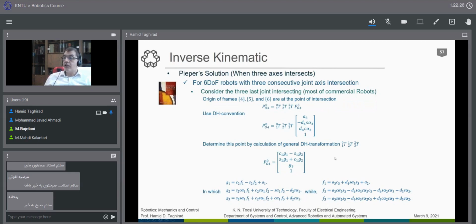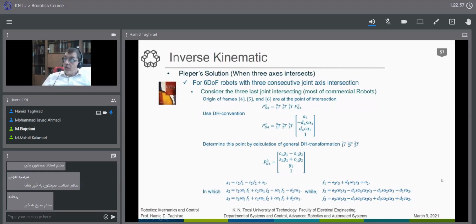Of course, we should use the general Denavit-Hartenberg transformation with theta 1, theta 2, theta 3 for general cases. For any special example, the equation you find is much simpler because you don't have all a_i, alpha_i non-zero. Many of them are either 0 or pi over 2, which reduces the problem to a simpler case. But consider the most general one here.